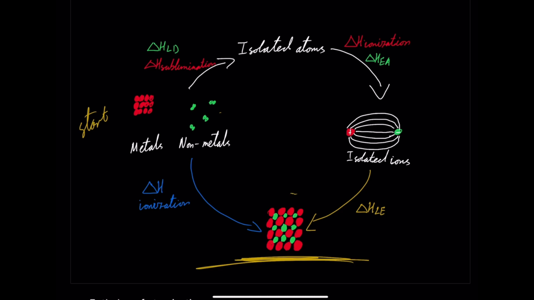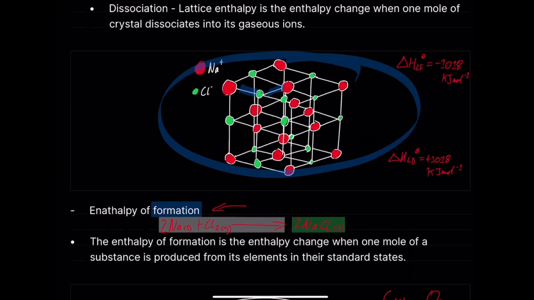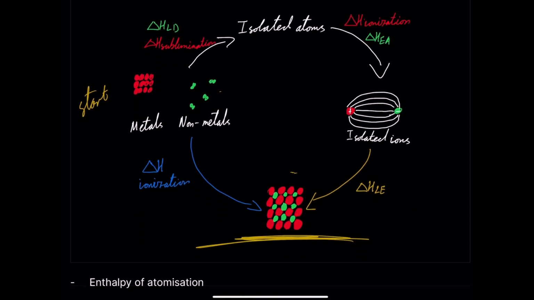For non-metals, we need lattice dissociation, the dissociation of these. Remember, the example here is sodium chloride. These are still gas, but we need to break this diatomic bond, this covalent bond between the Cl atoms, because we need to isolate the atoms by themselves, and this is technically part of something called atomization.